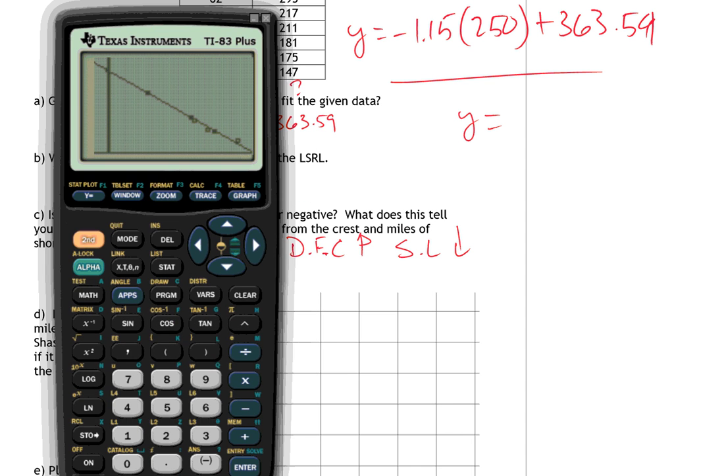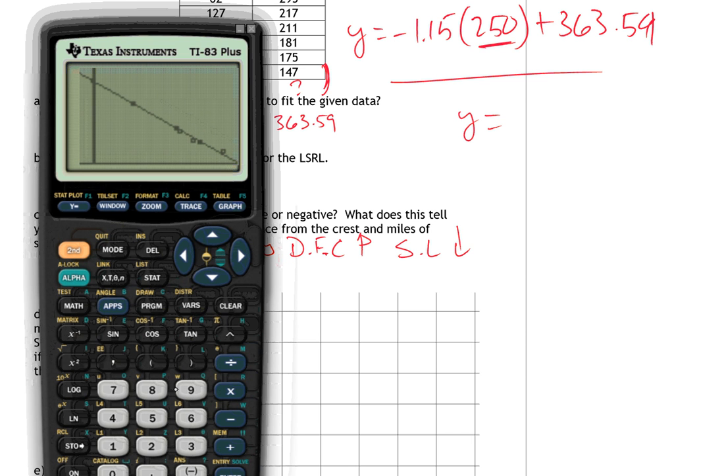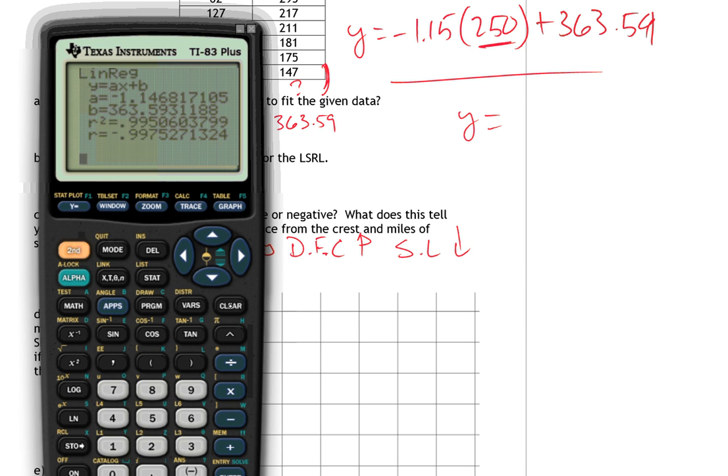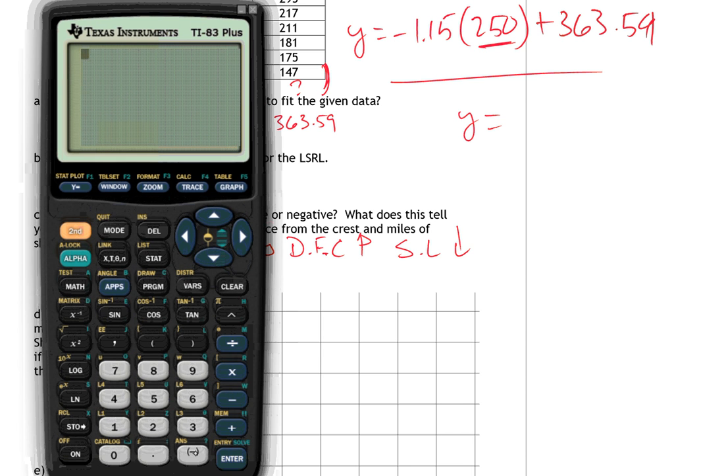So let me get out of the graph. Quit the graph and clear that. So I've got negative 1.15 times 250 feet from the crest plus 363.59. And when I do that, it gives me 76.